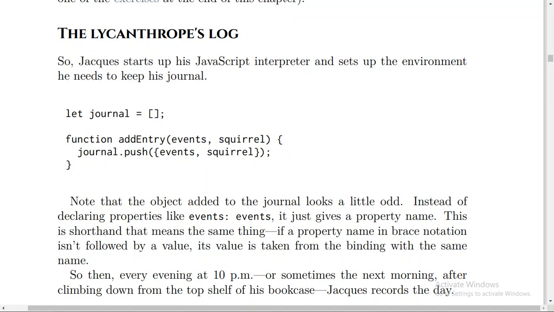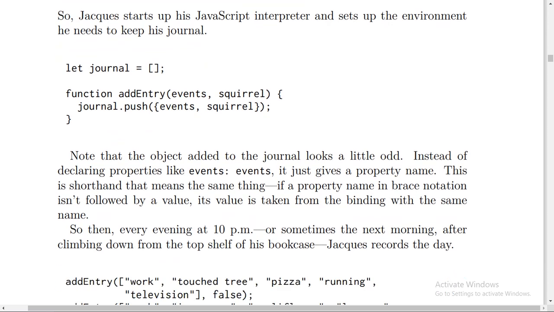Okay, so Jax starts up his JavaScript interpreter and sets up the environment as needed. He needs to keep his journal: let journal = [], and function addEntry(events, squirrel) { journal.push({events, squirrel}); }. Note that the object added to the journal looks a little odd.